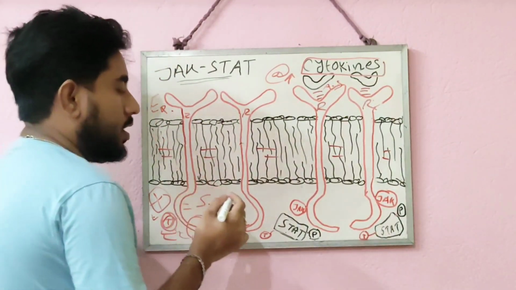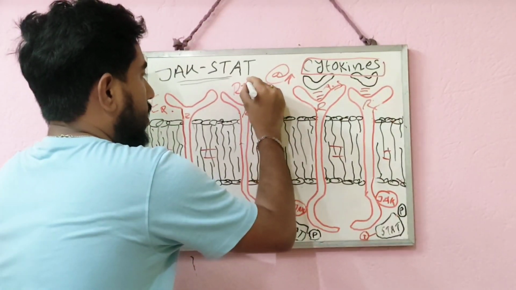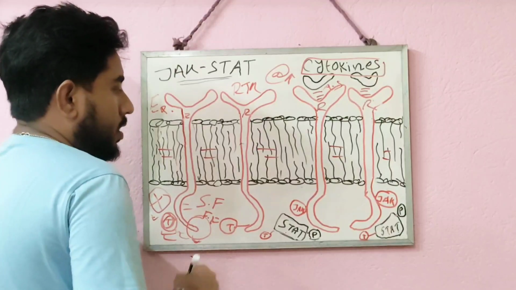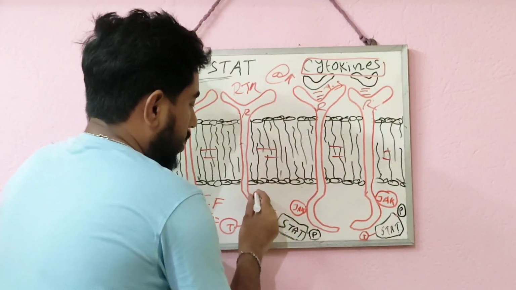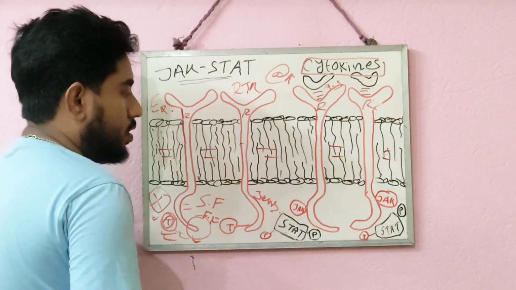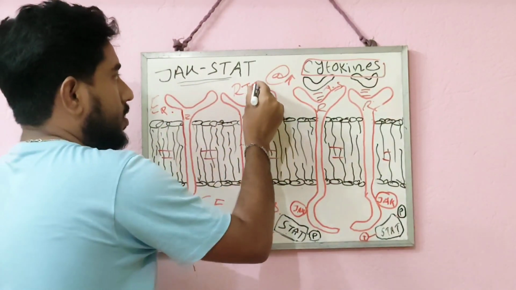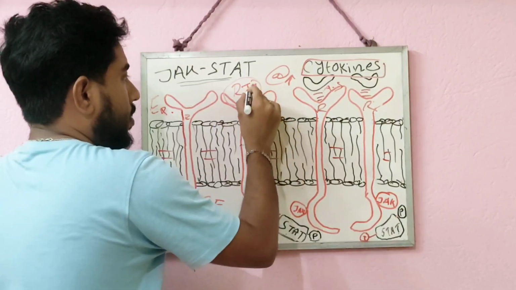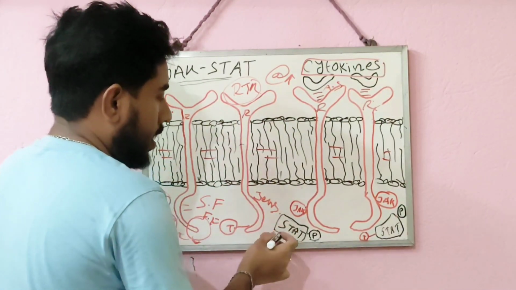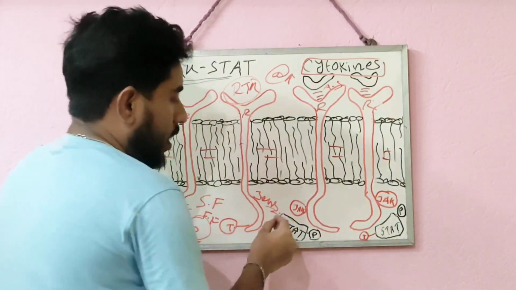There we studied RTK, but instead of RTK, in the Jak-Stat receptor that kinase is called Janus kinase, or in short, Jak. Last time it was receptor tyrosine kinase, that's why the name was RTK, but here it is called Janus kinase, also stated as Jak.